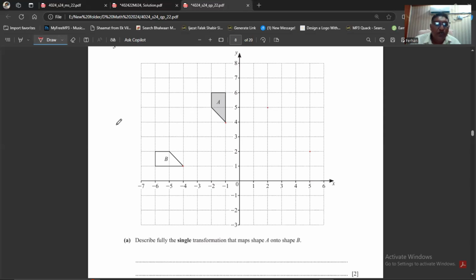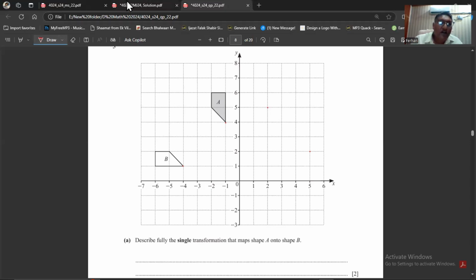So we join these 2 points, and on both sides I prolong that line. This is the object, this is the image. Where these 2 lines intersect each other, that will be the center of the enlargement.